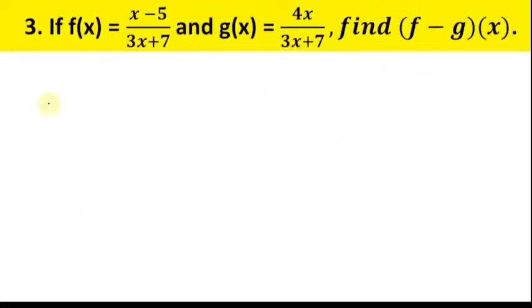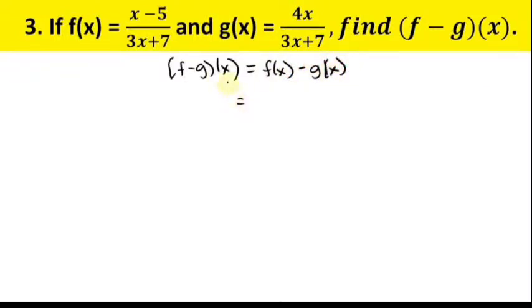Okay, example number 3. We have f of x equals x minus 5 over 3x plus 7 and g of x equals 4x over 3x plus 7. Find the quantity of f minus g times x. The formula is: the quantity of f minus g times x equals f of x subtract g of x.